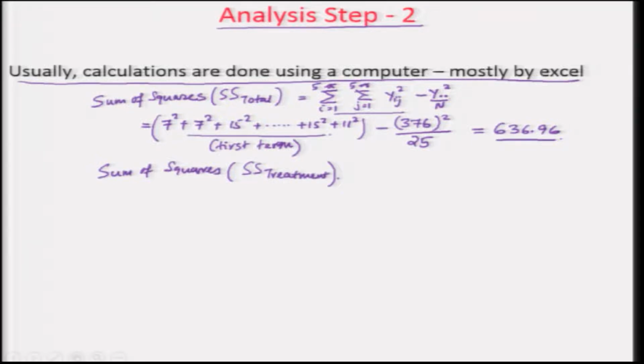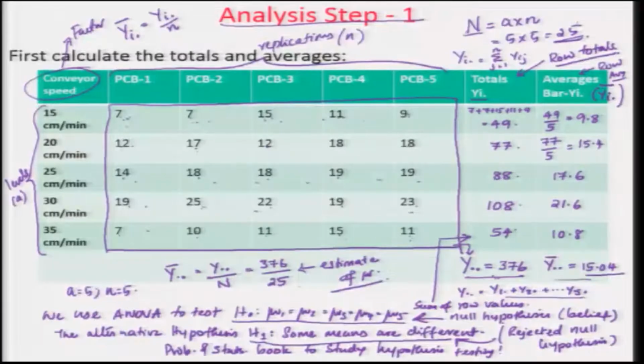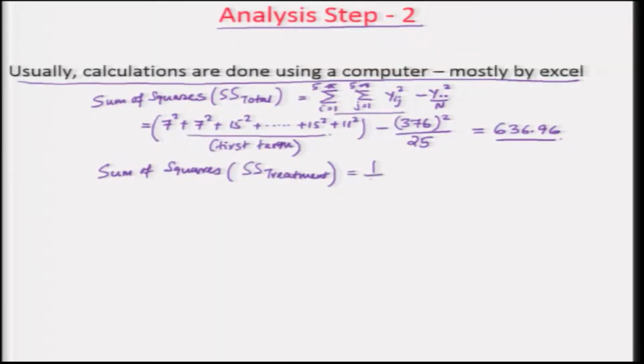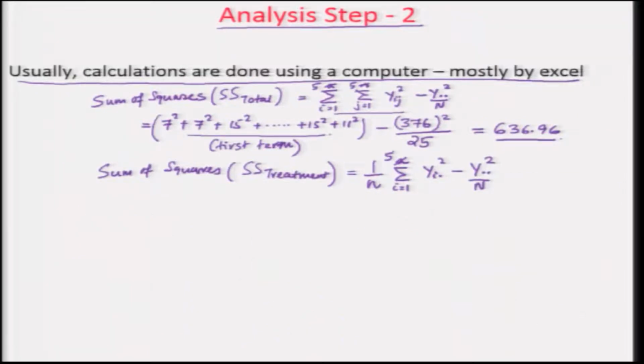The sum of squares of treatment is calculated by the equation we already told you, 1 over n multiplied by sigma i equals 1 to a, y_i dot squared, minus y dot dot squared over N. This is the equation we are going to apply here. The value of a is 5, so we will be doing this 5 times.